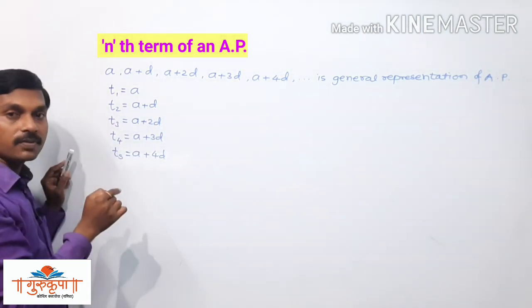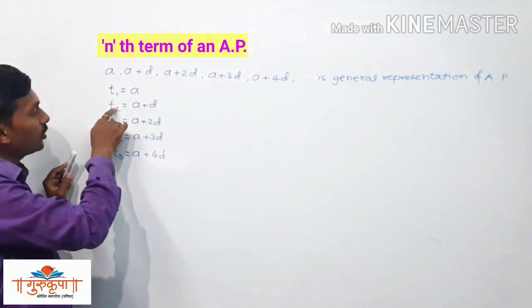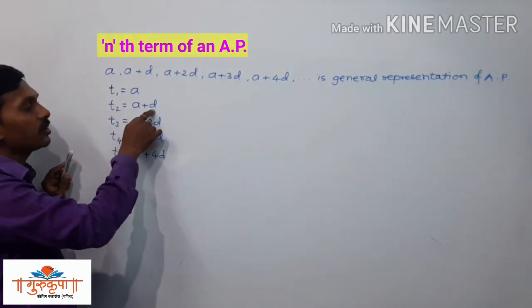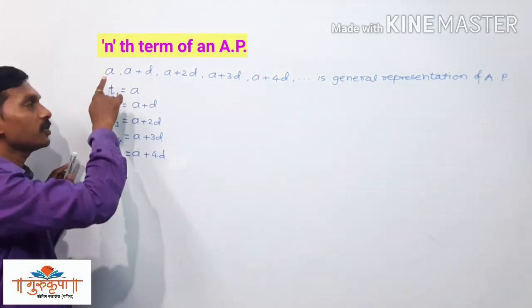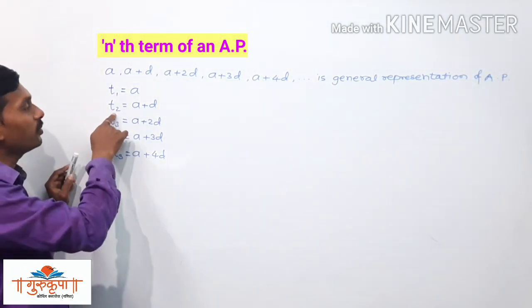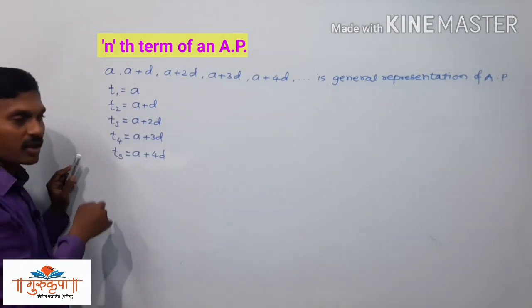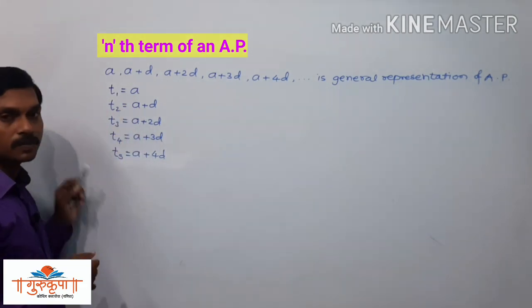The term which we are going to find, here we are going to find the second term, and the second term is a plus d. Since common difference is d and the first term is a, and if we add the common difference to the first term, then we will get the second term. Adding common difference to the second term, we will get the third term.